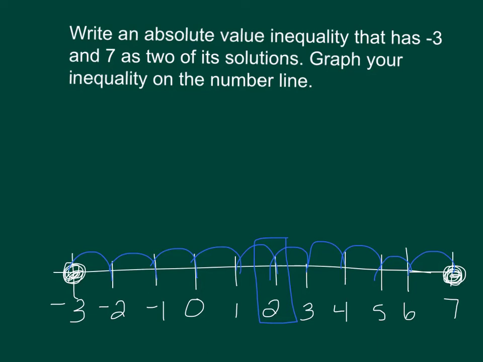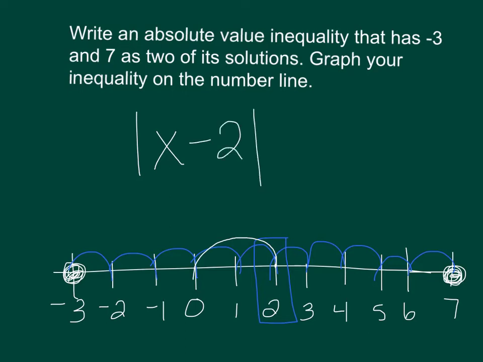Well, when you write this, what you want to do is start with the absolute value of x. And we want to figure out how far I have to go to get from 2 back to 0. Well, I have to go to the left 2, so it'd be -2.